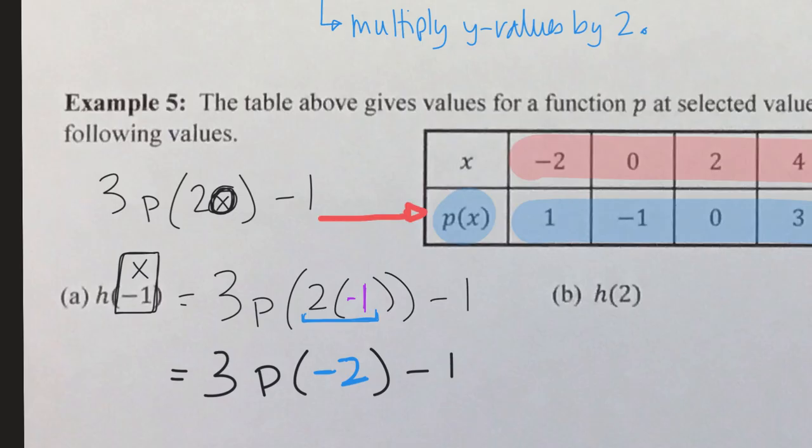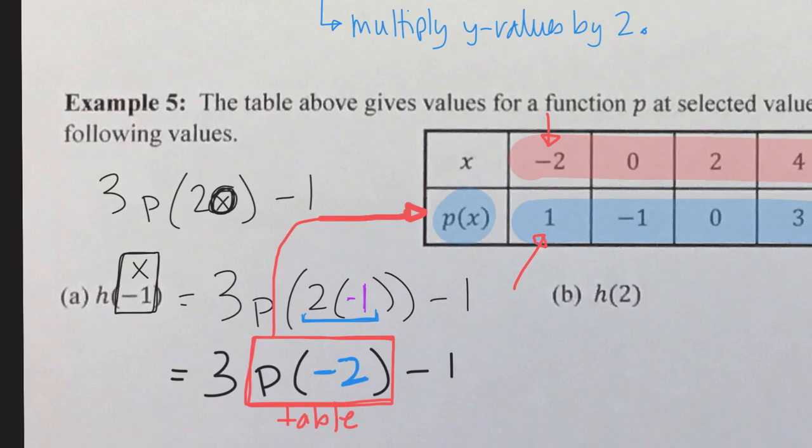Okay? So here is your maybe potentially new. Where do we get this value from? This value comes from your table, right? When my x is -2, what's my p-value? It's 1.